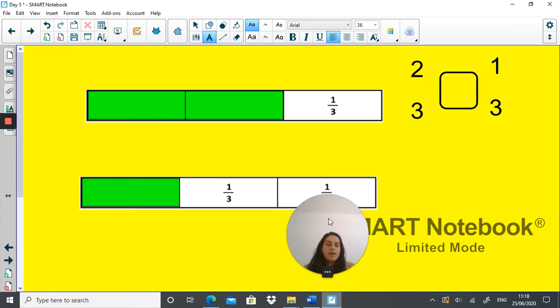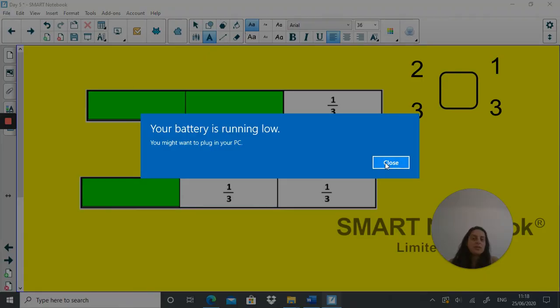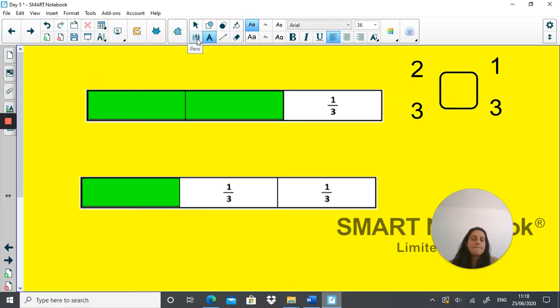And now I want you to compare 2/3 and 1/3. So 2/3 is, in fact, greater than 1/3, the small thirds.